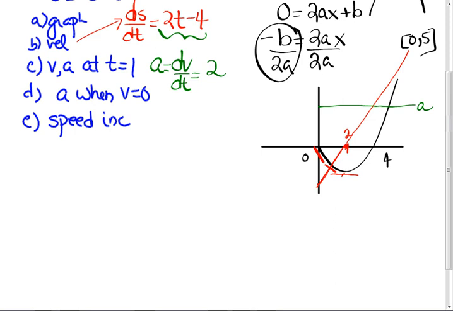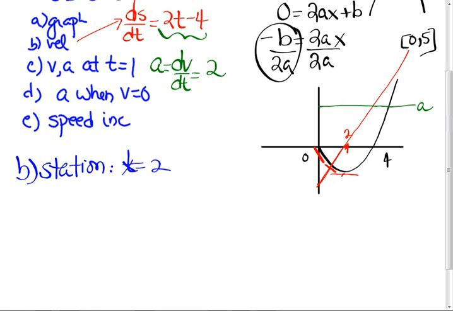So we now can answer part C. Oh no, B asks a little bit more. B asks, when is the object stationary? In other words, when is it stopped? At t equals 2, right?